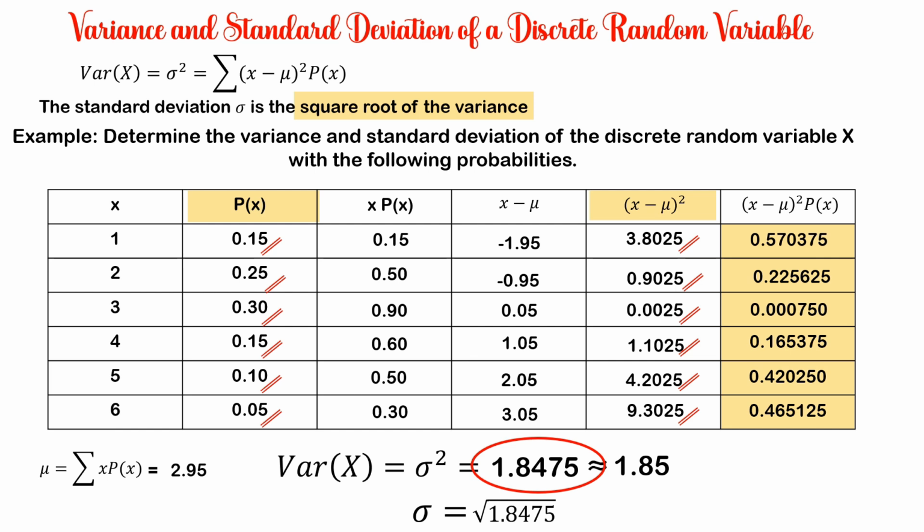And that is equal to 1.359227, approximately 1.36. And again, our variance is equal to 1.85, and our standard deviation is 1.36.